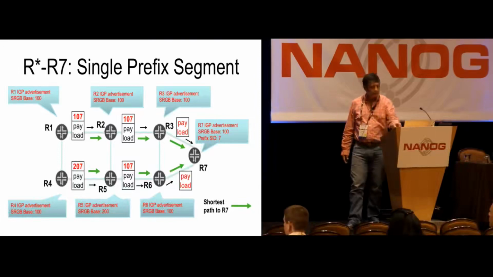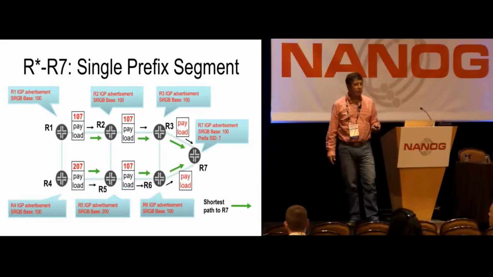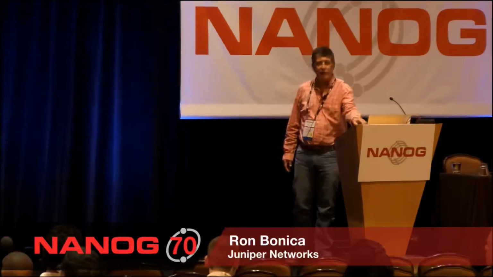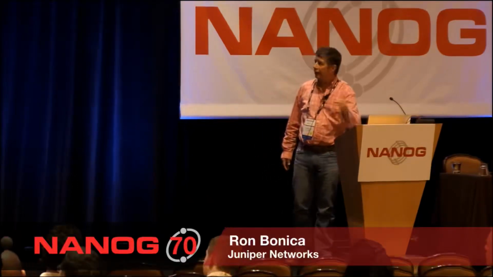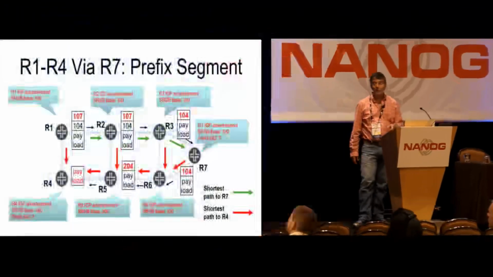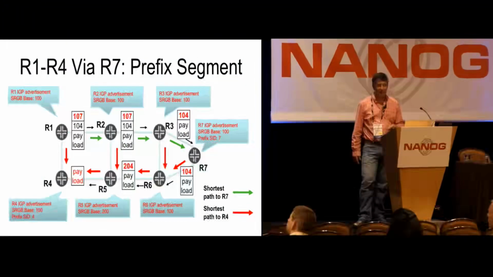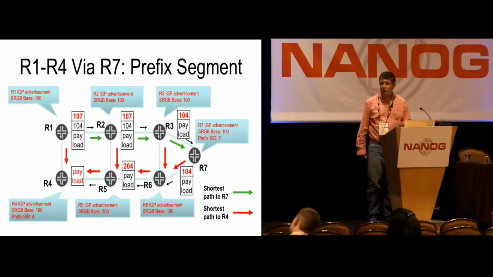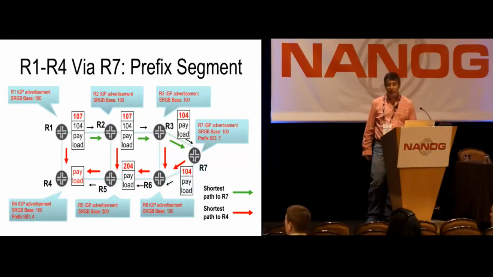So let's talk about a more complex implementation of SR. Here we want to get a packet from R1 to R4, and we want to take the scenic route through R7. You'll see something else is a little different in here. So what's the first thing that you see in the packet as it leaves R1?